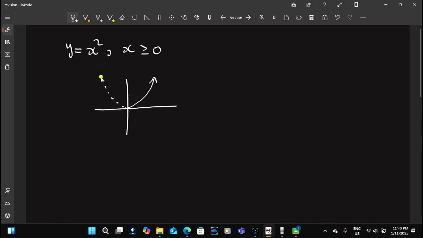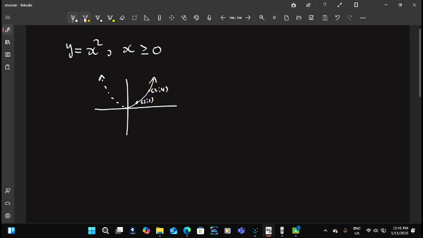But I'm not interested in this part, I'm interested in the part where x is greater than or equal to 0. Now for its inverse, suppose we substitute 1, y equals 1 squared, that will be 1. So 1 is mapped to 1, and maybe 2 is mapped to 4.